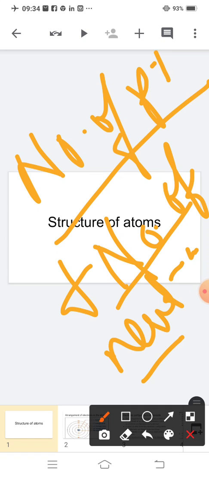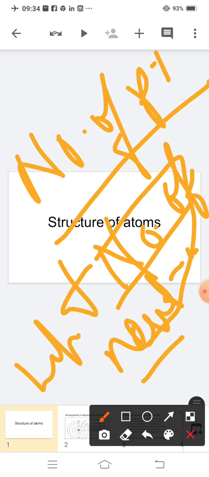Now, what is the relationship between atomic number and mass number? Basically, your mass number is equal to atomic number plus number of neutron. Why? Tell me fast. See, as we all know that atomic number is equal to number of proton.